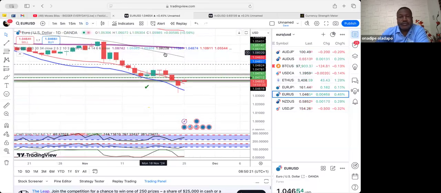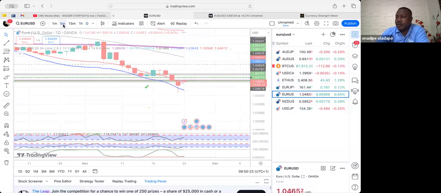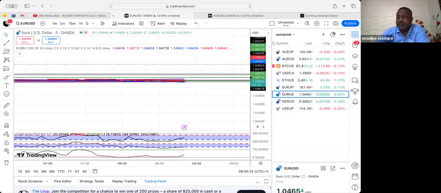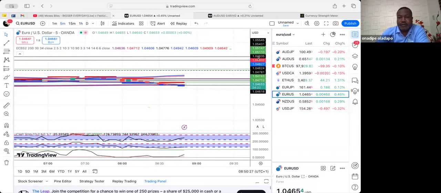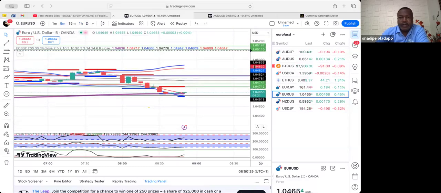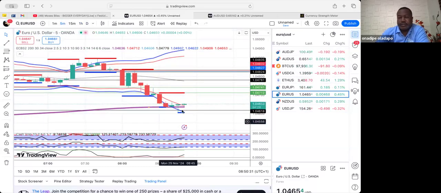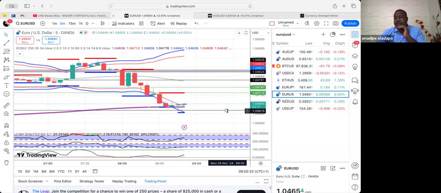And daily is also bearish. So all we need is for this to move a bit lower. EU has to go below this and then we'll be good. But for now, EU is not ready.